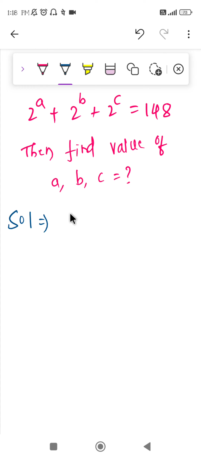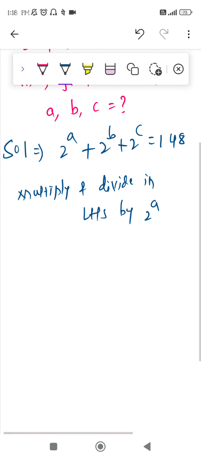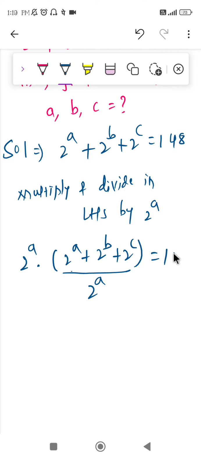So the original equation is 2 to the power of a plus 2 to the power of b plus 2 to the power of c is equal to 148. Here we have to multiply and divide in the LHS by 2 to the power of a, right? So multiplying by 2 to the power of a, 2 to the power of a times (2 to the power of a plus 2 to the power of b plus 2 to the power of c) divided by 2 to the power of a is equal to 148.